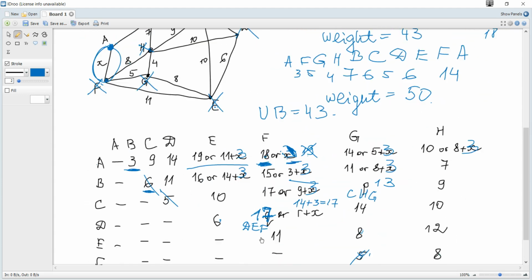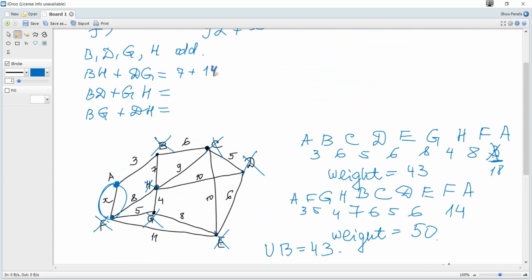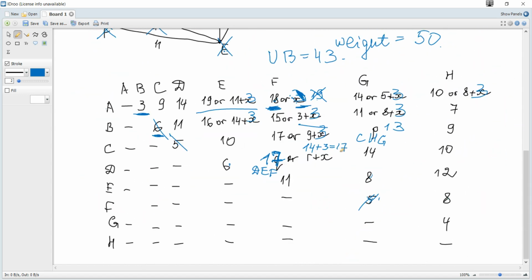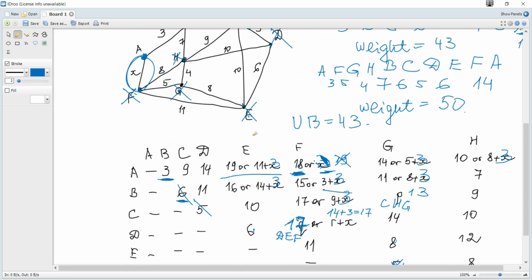Actually a table can be used. It's 14, so it's 21. Then BD, definitely it's 11. BD plus GH, GH is 4, so it's 15. And BG, it seems to be 11. Yes, it's 11.